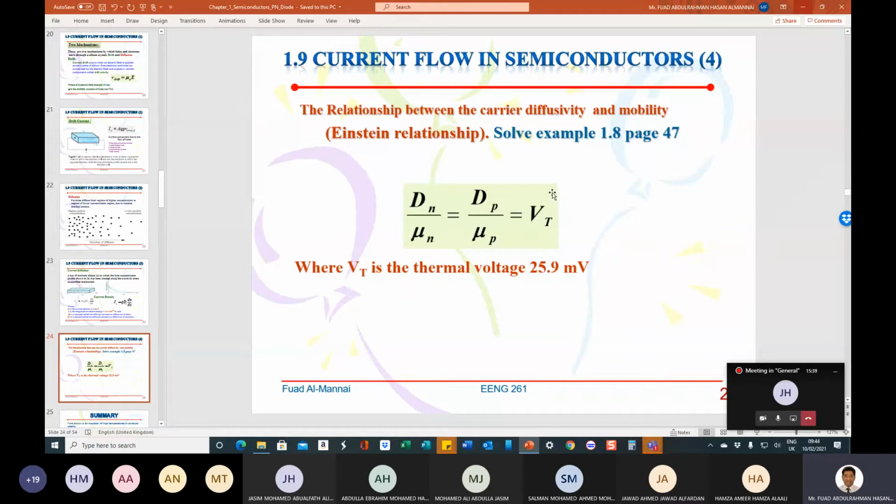Whatever you do, do not forget Vt, capital V, capital T, that means thermal voltage. Very important, guys. If you forget it, then you will solve the problem incorrectly. All right. Before we leave this slide, go ahead and try to solve 1.8, page 47 in our book.